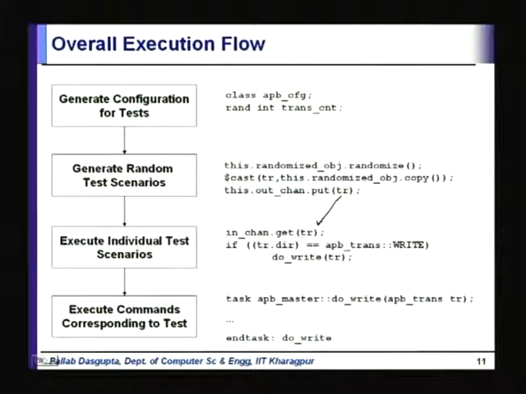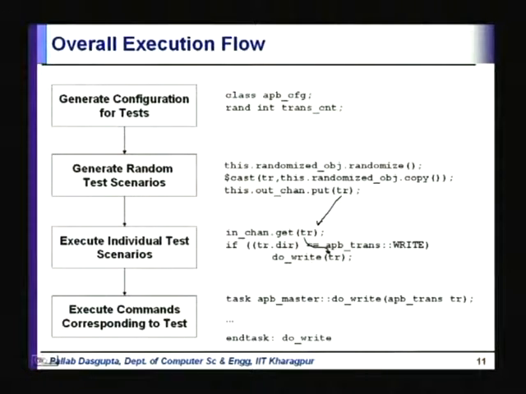So it gets this thing, and then it checks if it is a write transaction, then it calls the task do write transaction. If it was a read transaction, it would have called the do read, and it passes this tr as the argument. What is this tr? It is a structure containing the address, the device, and the intent.